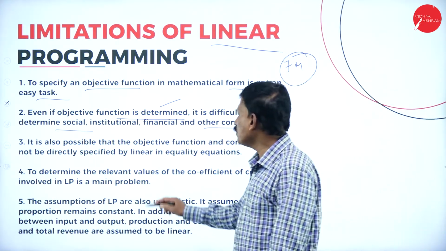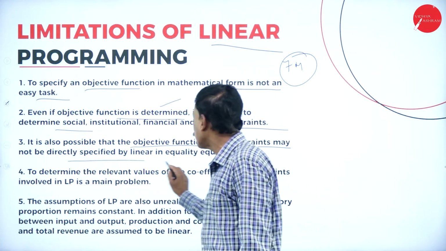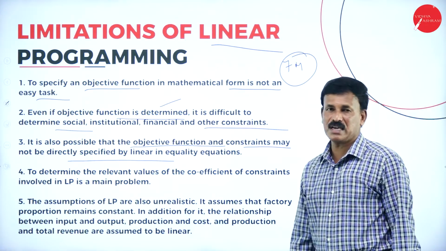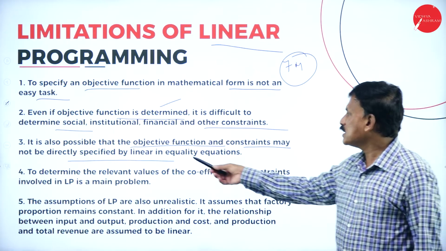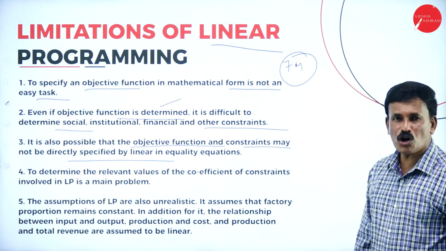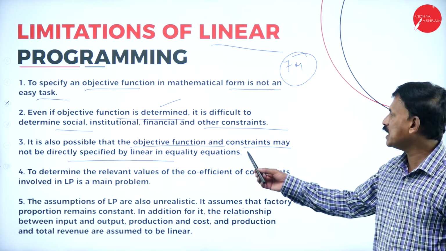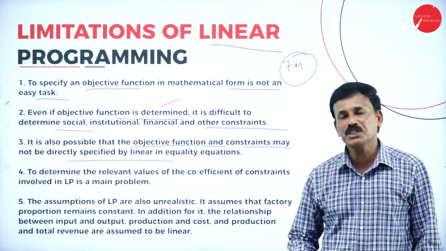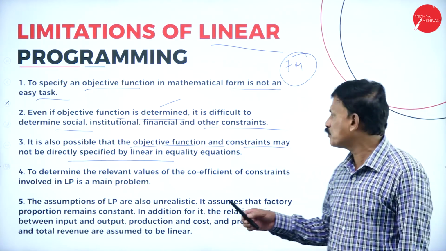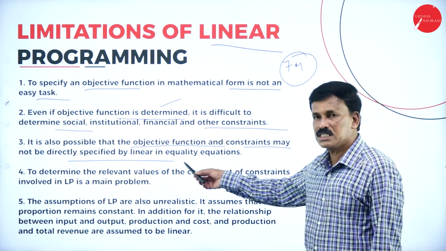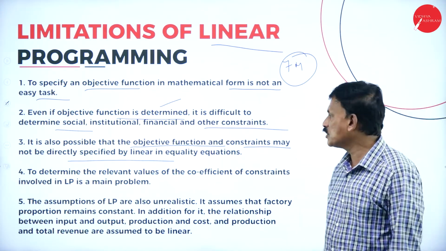Now, it is possible that the objective function and the constraints may not be directly specified by linear inequalities. This is a very important limitation. The objective function and the constraints are not always directly specified in the form of linear inequalities in the linear programming problem.